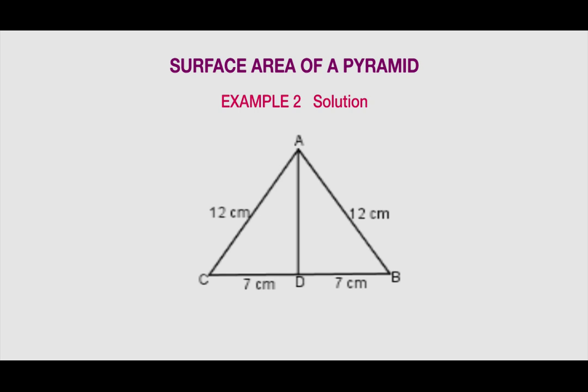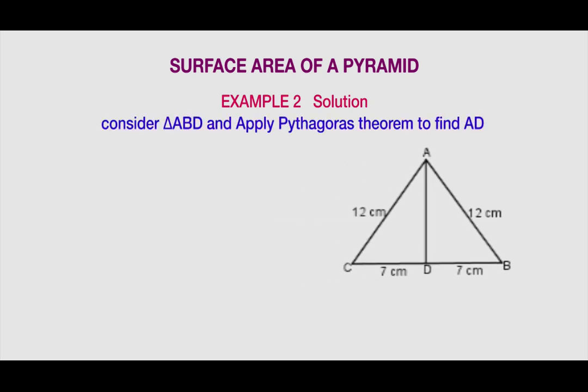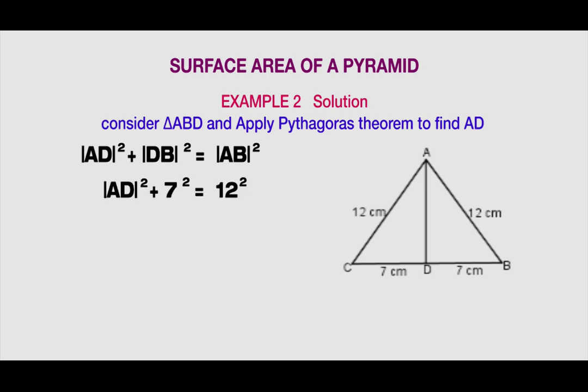Now let's consider triangle ABD and apply the Pythagoras theorem to find the height AD. Using the Pythagoras theorem, AD squared plus DB squared equals AB squared. If you do our substitutions, then we are going to have AD squared plus 7 squared equals 12 squared.